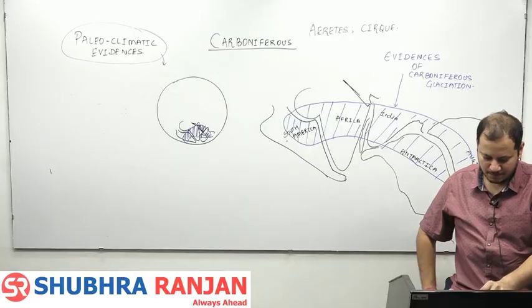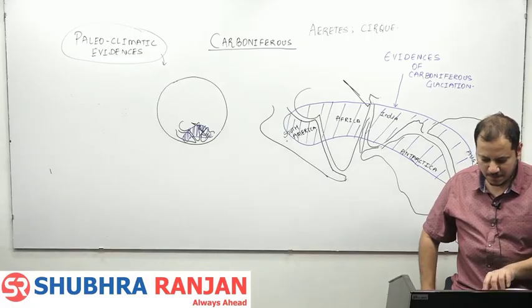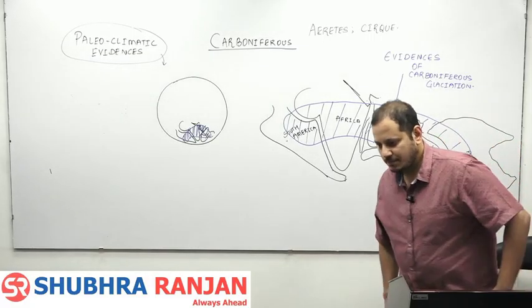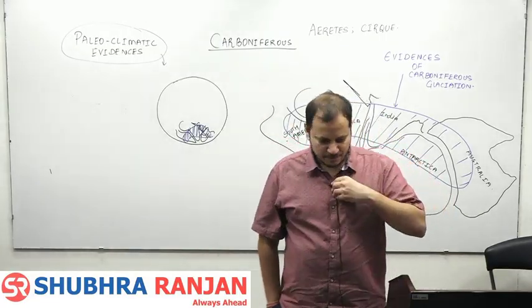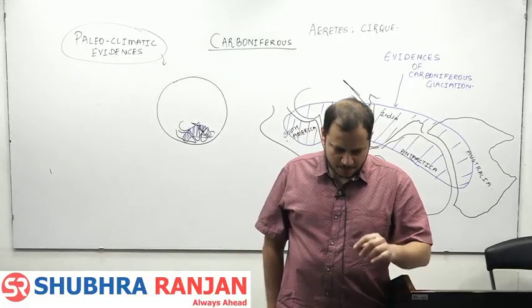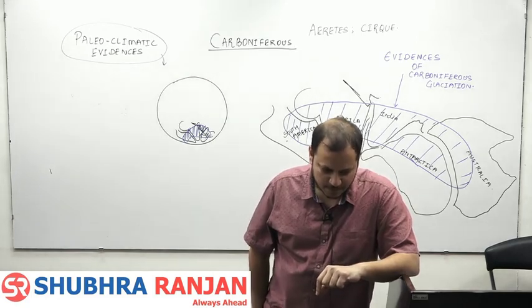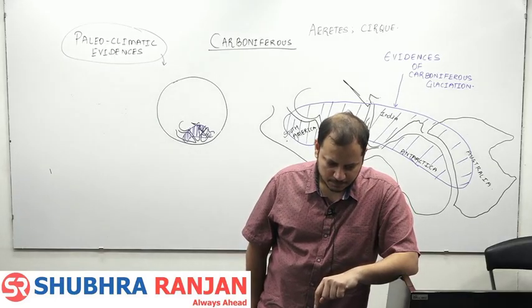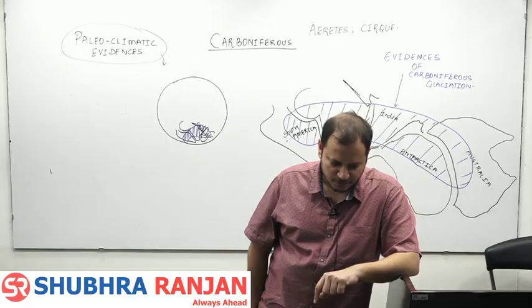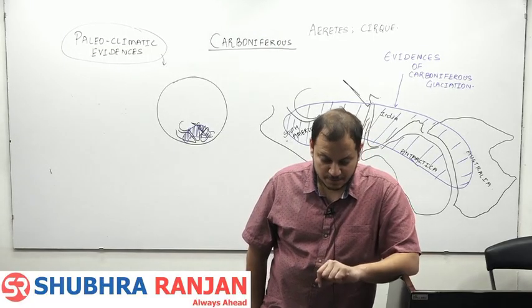Which means that the present Eurasia once crossed the equator, or was present between 5 to 35 degree north during the Carboniferous period.